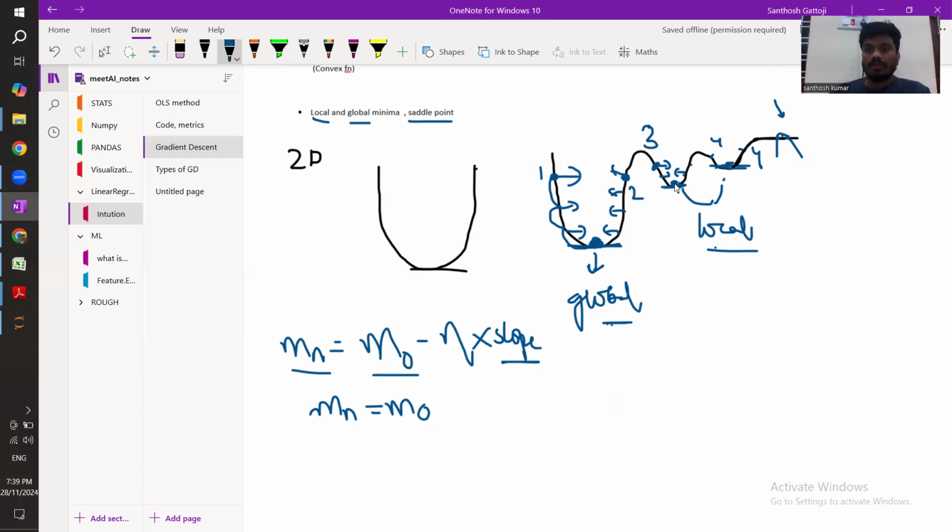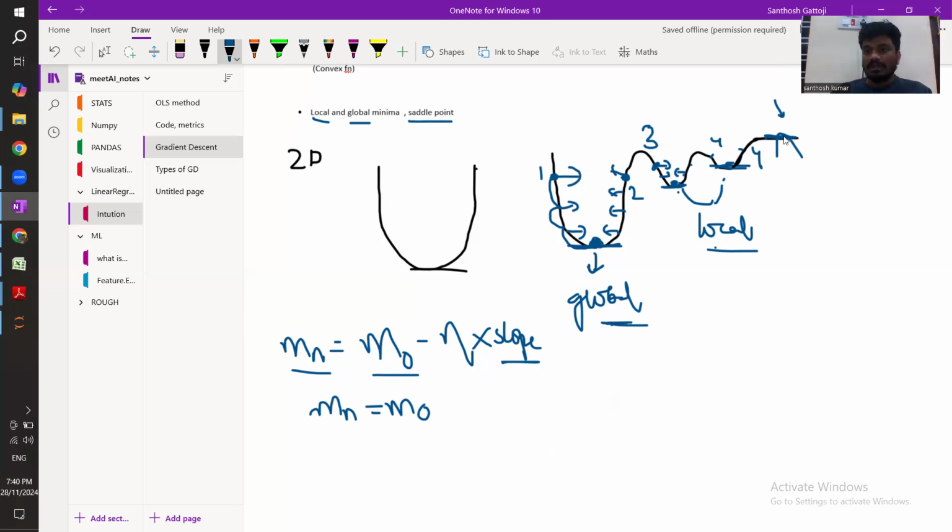If you're stuck in here, that is the perfect solution because that is the global minima. But here the model is not settling, and it doesn't have the motivation, I would say, to move forward, because the whole point of gradient descent is that it will move forward only when it sees that if I move in this direction, my loss is decreasing. Only then it will try to move forward.